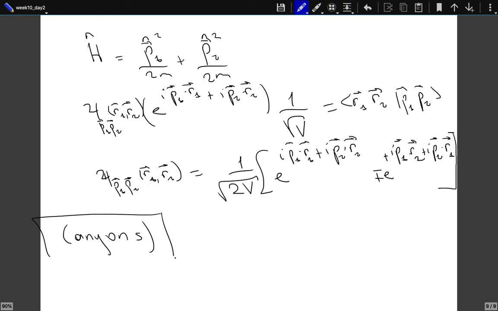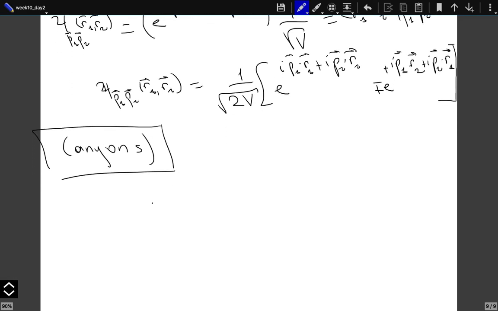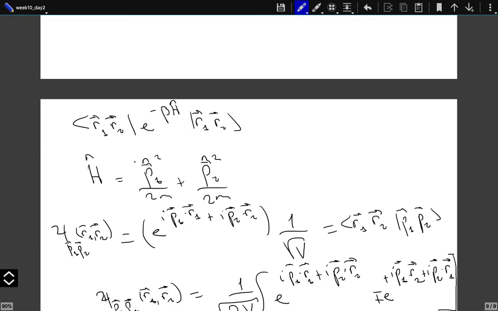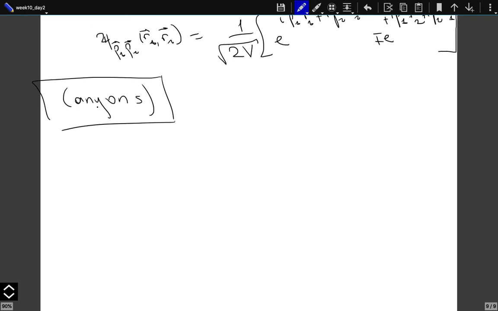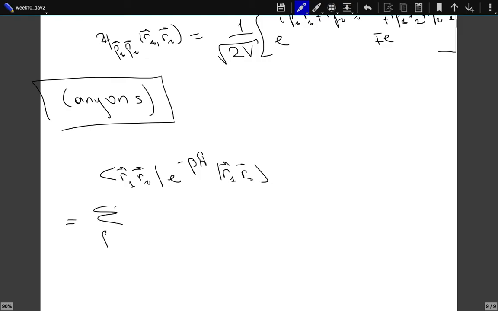Okay, so in this question, what it says is, don't symmetrize or anti-symmetrize your wave function. Just use these non-symmetrized forms and see what the density matrix looks like. Okay, I know the wave function, so let's go back and write this matrix element. Well, this will be equal to a summation over all the momenta P1, P2.